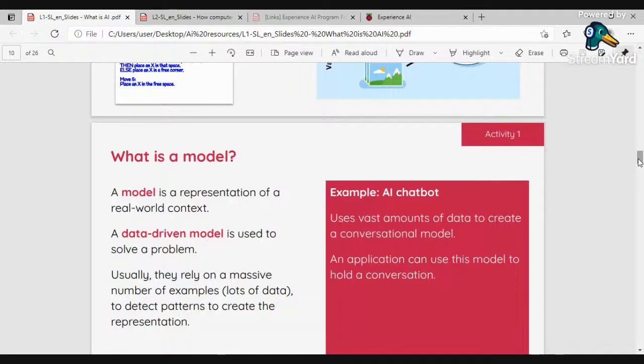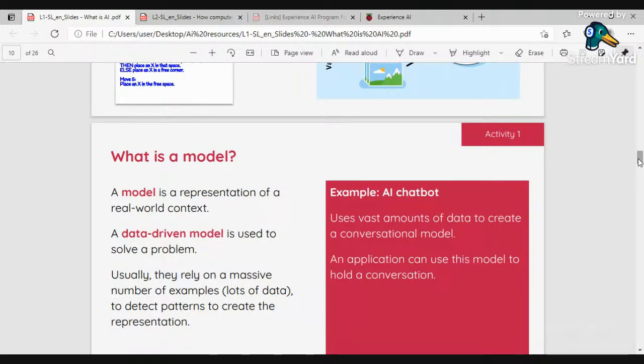That's you building that model. Another one we have is a data-driven model, used to solve a problem. When you understand what a model is, more like a real-world example of what you want to do, you will then build a data-driven model to solve that problem.